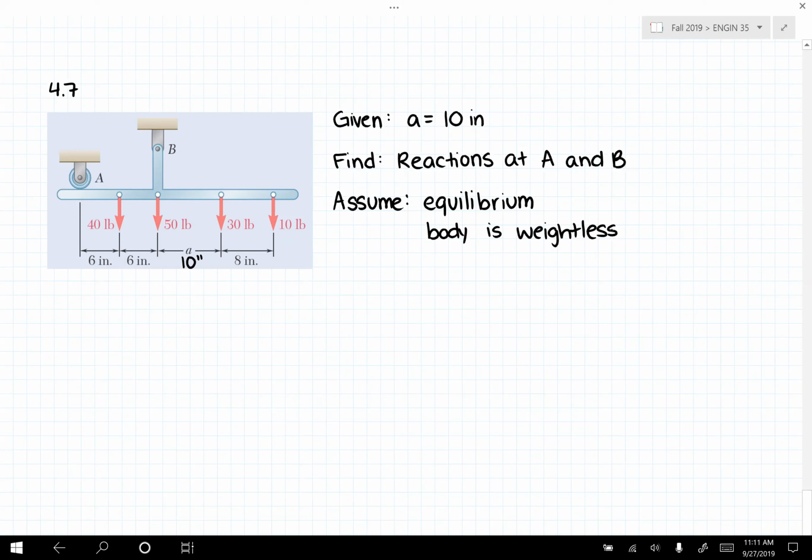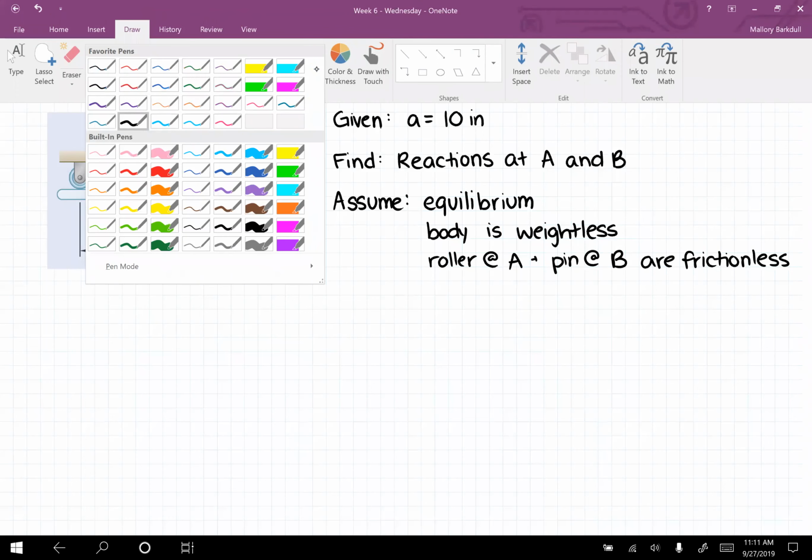And lastly, we're going to assume that this roller at A and the pin at B are both frictionless. And that's a fair assumption because we haven't really talked about friction yet in this class. So we're asked to find the reactions at A and B.